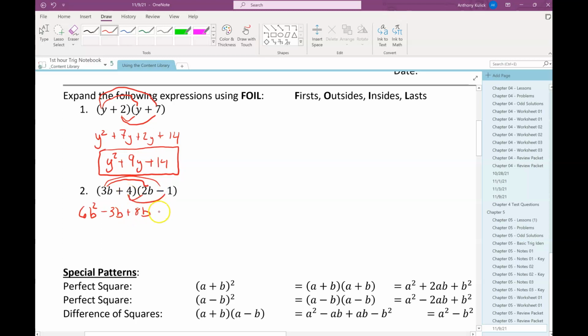And the last, 4 times negative 1 gives us negative 4. Combining together, we get 6b squared plus 5b minus 4. We feel pretty good doing this stuff.